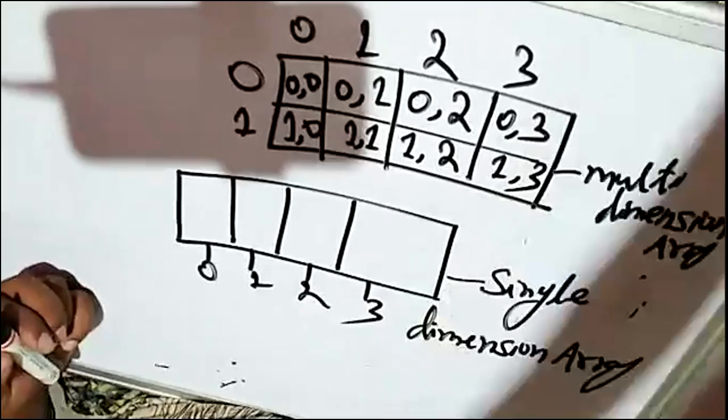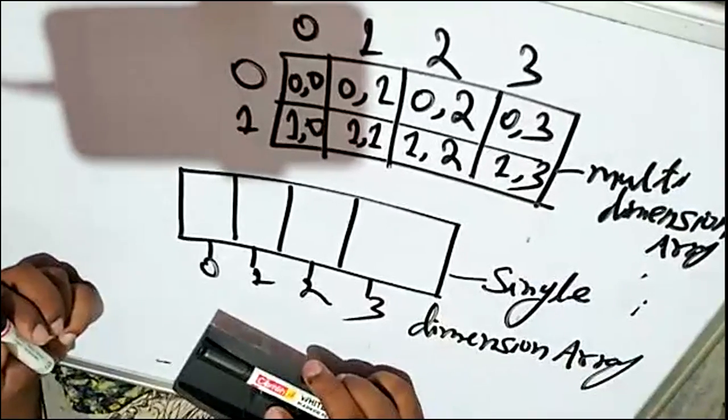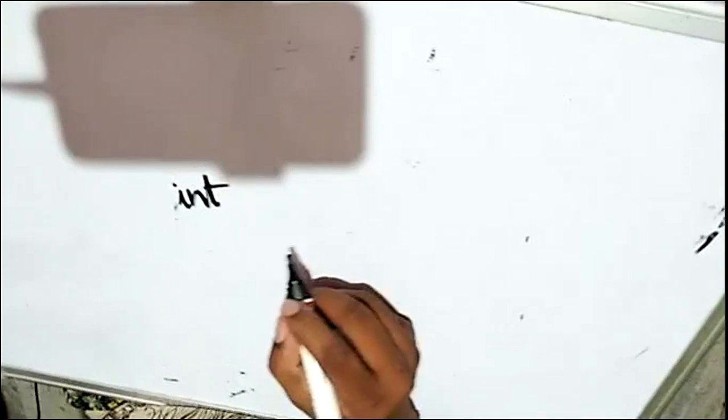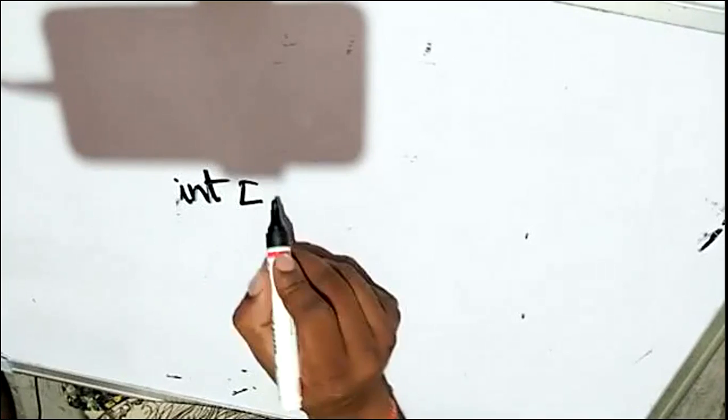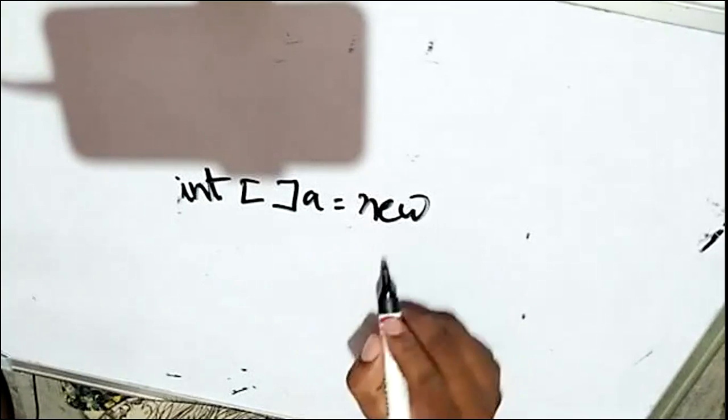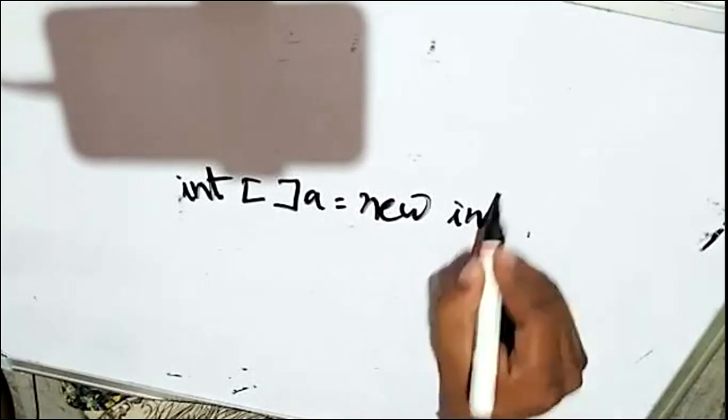Now if you want to define a single dimension array, first we have to define it like int a equals new int.